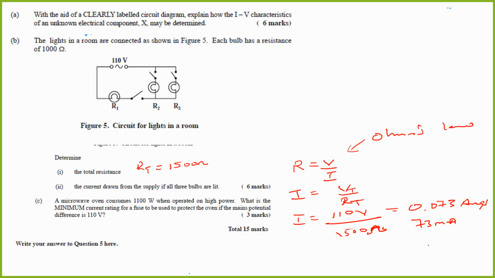Because current is actually particles that are flowing, which is basically electrons. If the wire is too thin to allow those electrons to pass, it's almost like a blood vessel. If there's too much pressure in a blood vessel, then it will burst. So it's the same thing as a fuse.